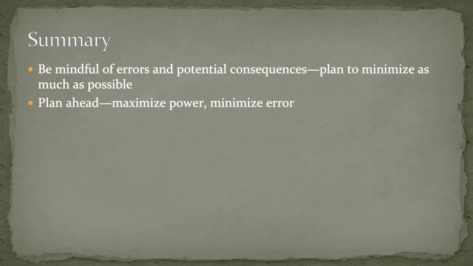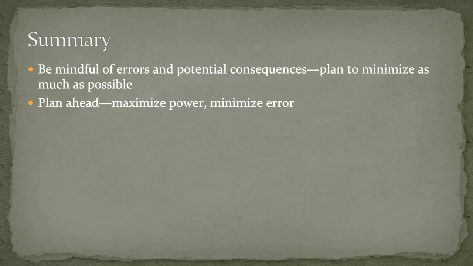So a lot of this, it just occurred to me, I am talking about if you're going to conduct research, but this is important stuff to know as you are reading research as well. You want to know, did the researchers plan ahead for these kinds of things? Were they cognizant of type 1 error, type 2 error?